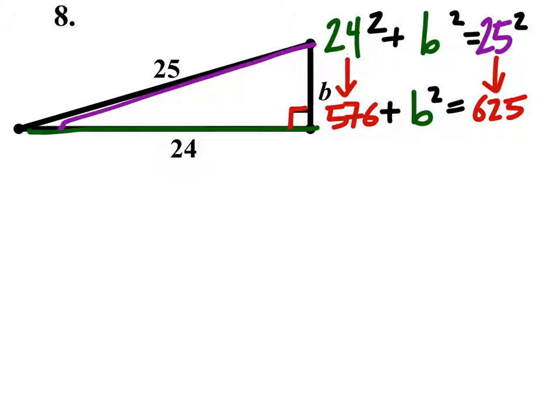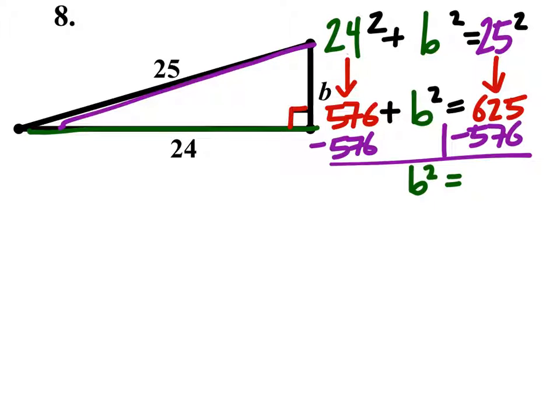So we got 576 plus b squared equals 625. And to solve, we will subtract 576 from both sides. So that leaves us with b squared equals 49. And now to solve for b, I'll square root both sides. And that leaves me with b equals 7.